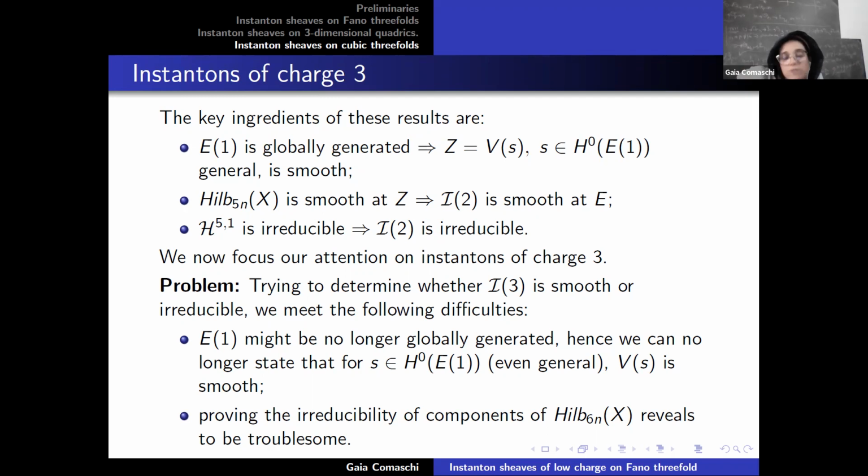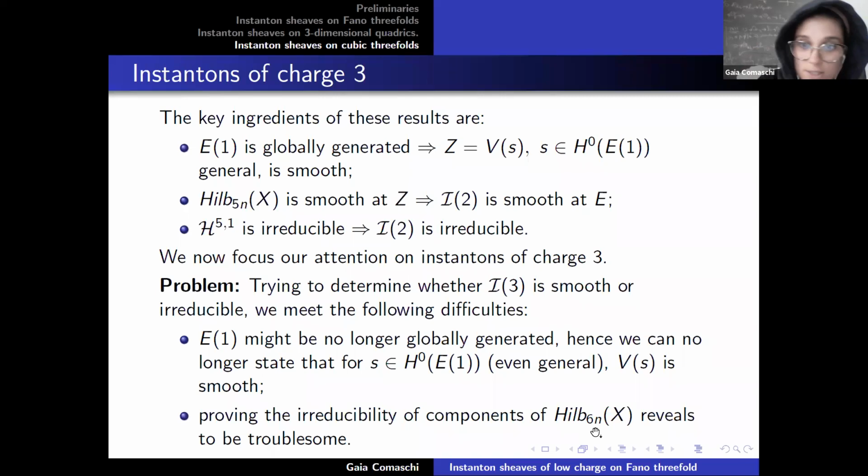And also, if we just restrict to sheaves that correspond to smooth elliptic sextics, we don't get that much information, because proving irreducibility of components of these Hilbert schemes reveals, at least to me, quite troublesome.